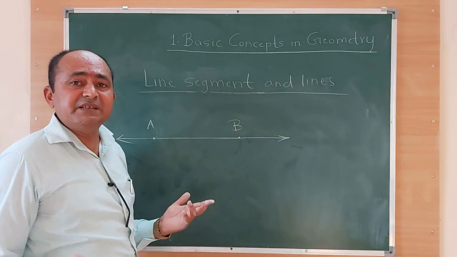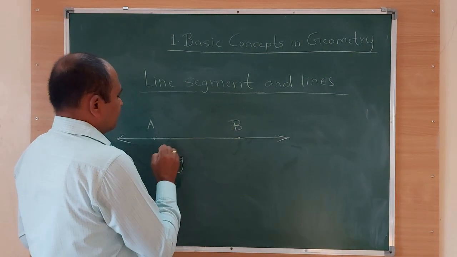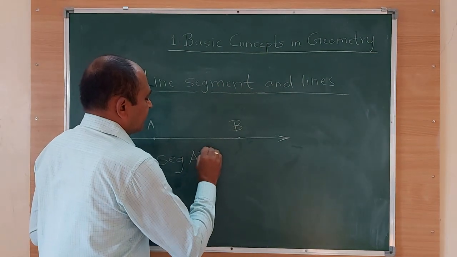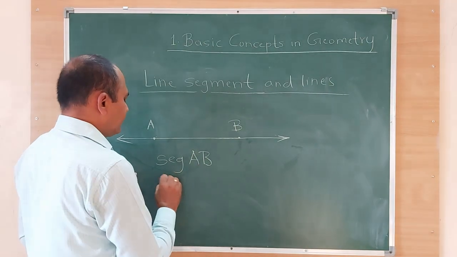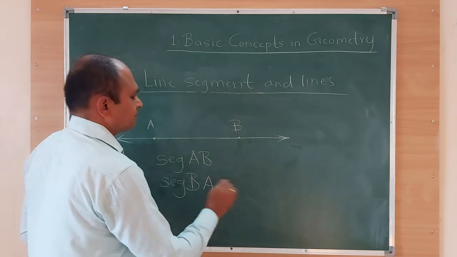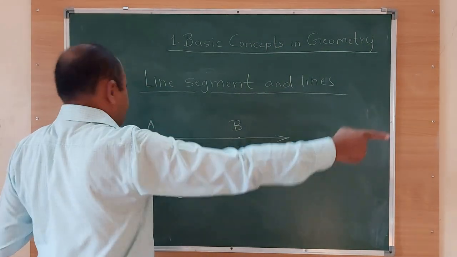Segment means what? Piece. So small piece of this line. I can name this part of this line as segment AB, and in short I write it like this, seg AB, or I can also name it as seg BA. And this is a line.